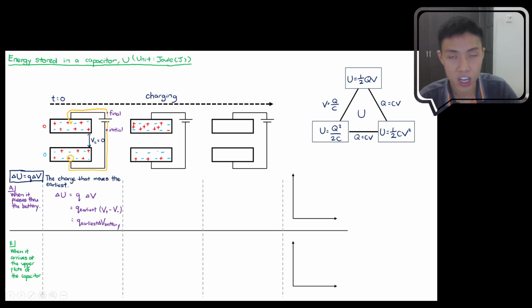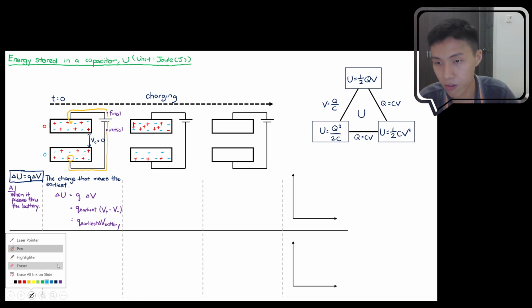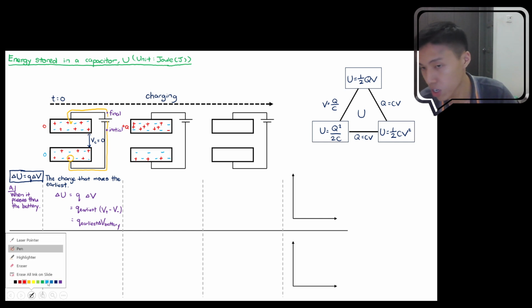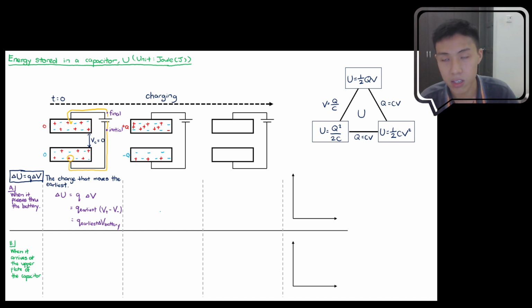Okay, so the charging is happening midway. Here there's an amount of charge, which I'm going to call Q. Here there's also a certain amount of charge, which I'm going to call negative Q.